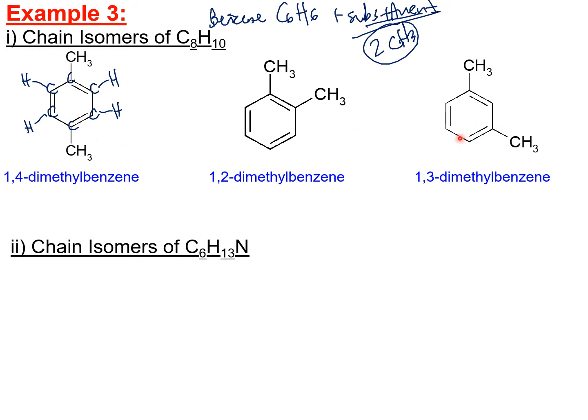These are all chain isomers. Why do we know they are chain isomers?